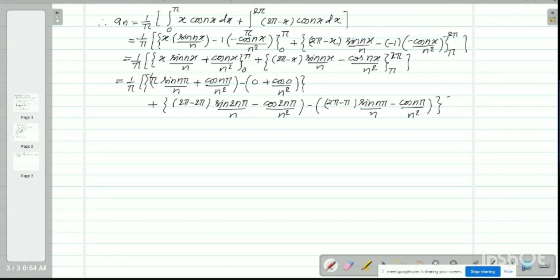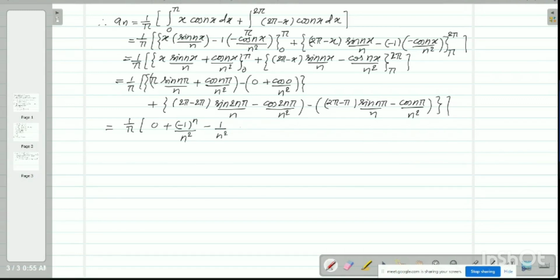Just close the bracket and simplify this first. 1 upon pi. Sine of a multiple of pi is 0, and plus cos of a multiple of pi is minus 1, so this is n term, so we write minus 1 raised to n by the denominator n square. And minus, cos 0 is 1, so this becomes 1 upon n square.